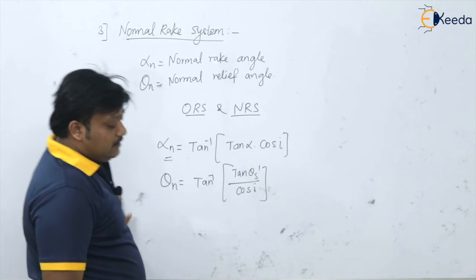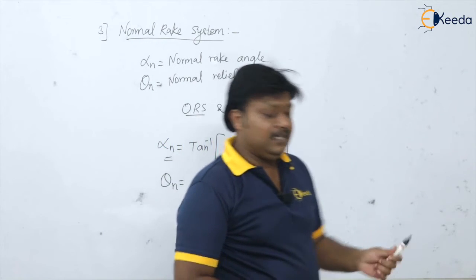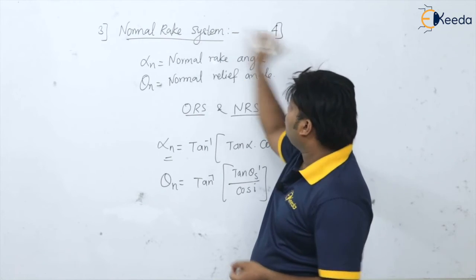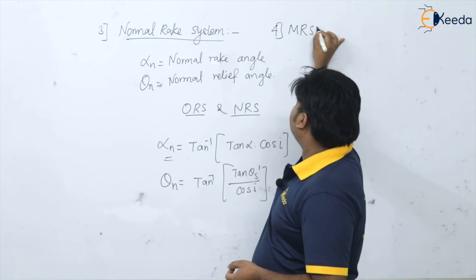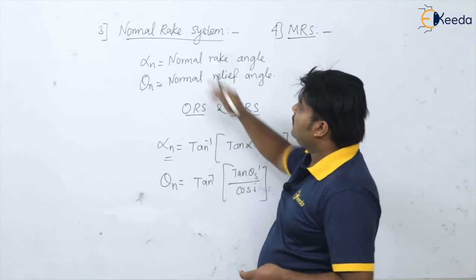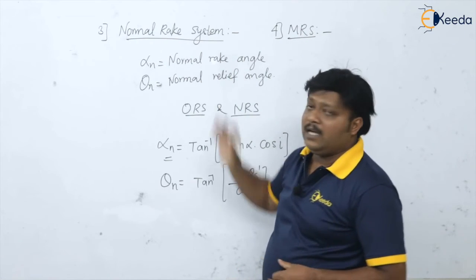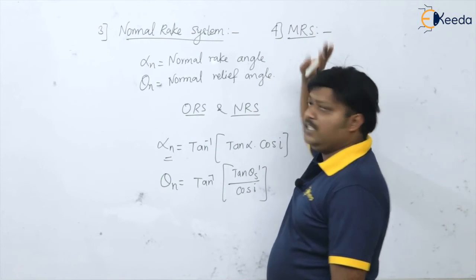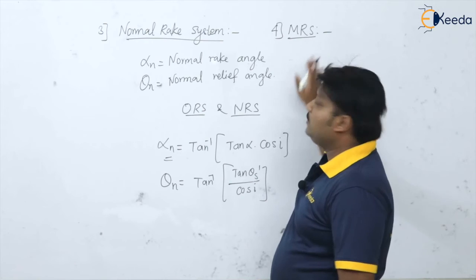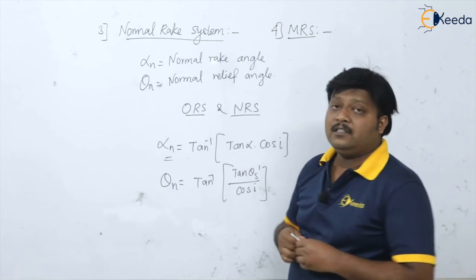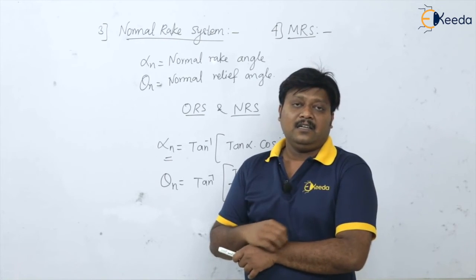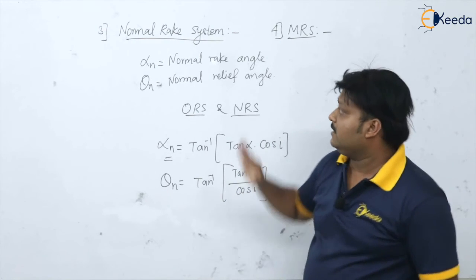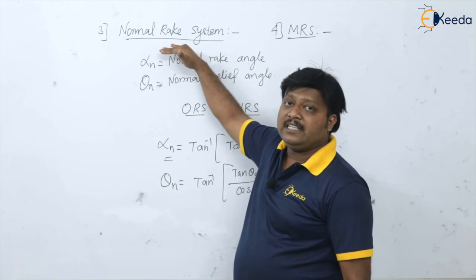This is the NRS system, and the fourth one is the MRS, the machine reference system. These two, NRS and MRS, are obsolete nowadays. The machine reference system is one of the oldest tool designating systems, where the machine tool axes are taken as the reference axes, and in NRS the shear plane is taken as the reference.